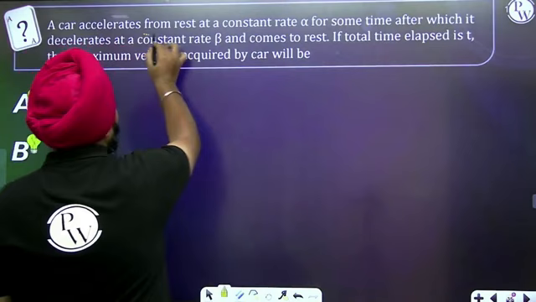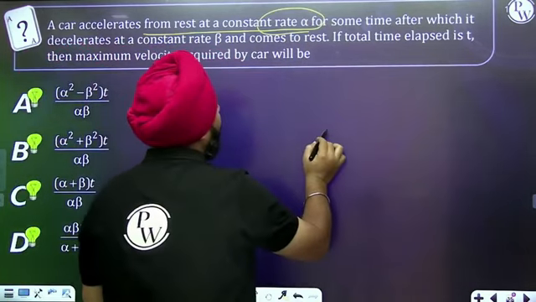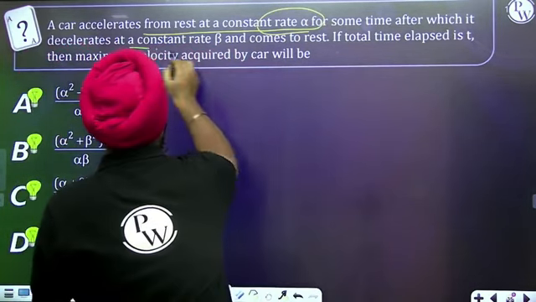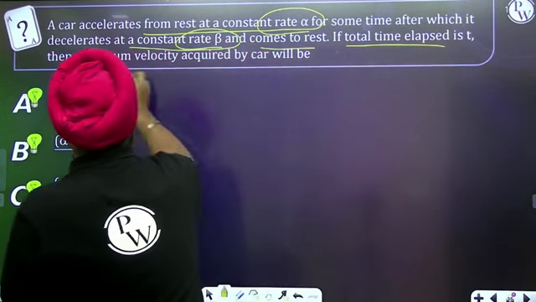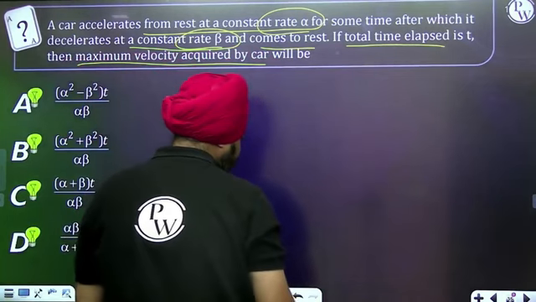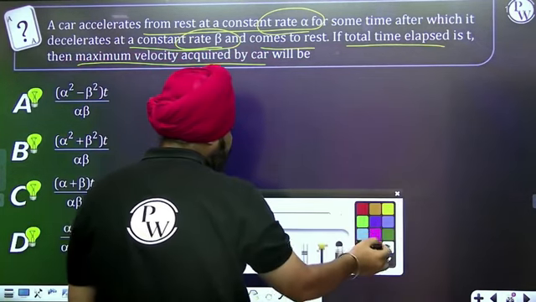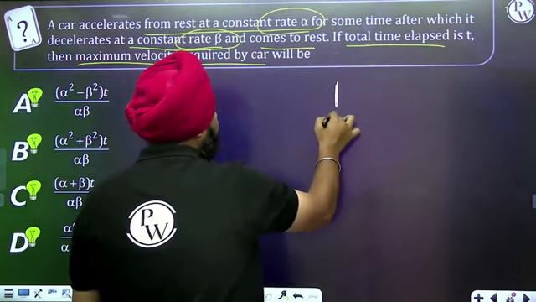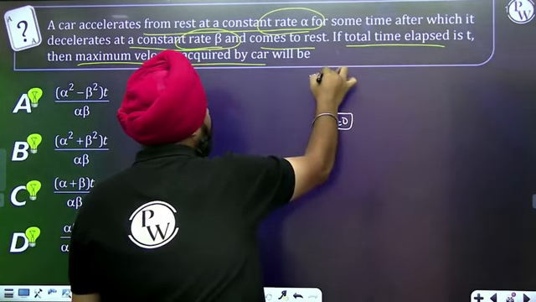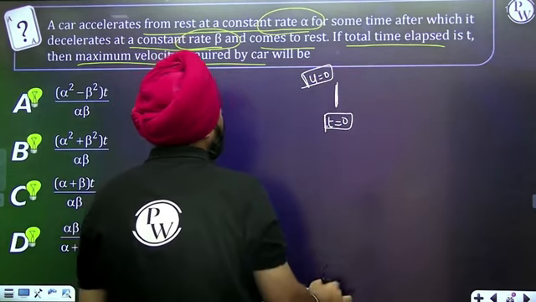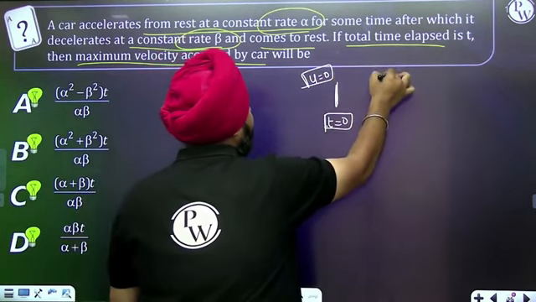A car accelerates from rest at a constant rate alpha, then decelerates at a constant rate beta and comes to rest. If the total time elapsed is T, then the maximum velocity will be what? This is a very nice question. What it states: it starts at t is equal to 0 from rest, u is equal to 0. It is getting accelerated by alpha.